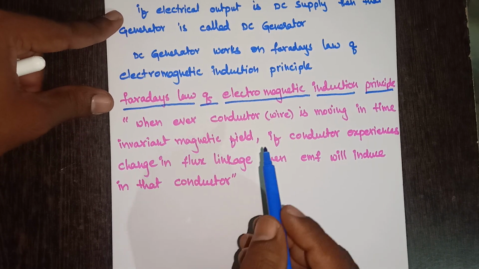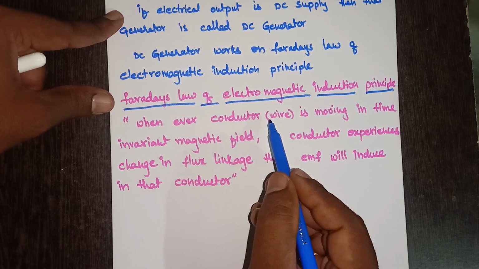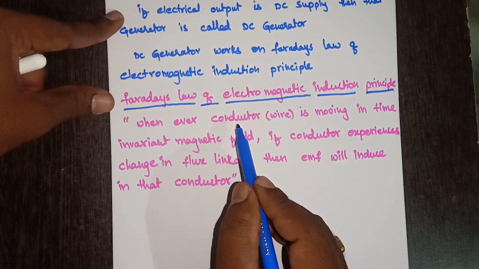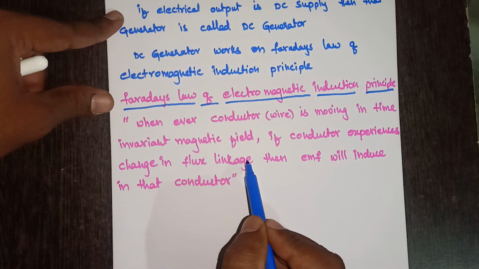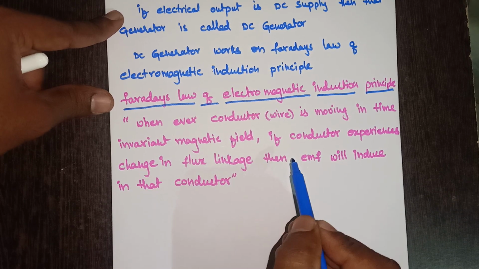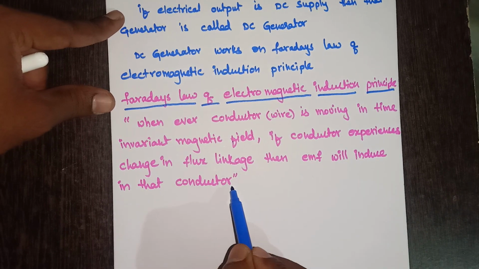So in the DC field, if we are moving a conductor and that conductor experiences a change in flux linkage, then EMF will be induced in that conductor.